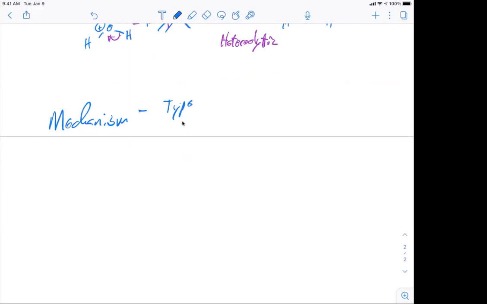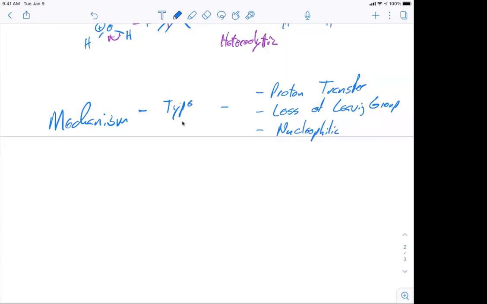What I want you to do is tell me whether that's a proton transfer, a loss of leaving group, a nucleophilic attack, or a rearrangement.